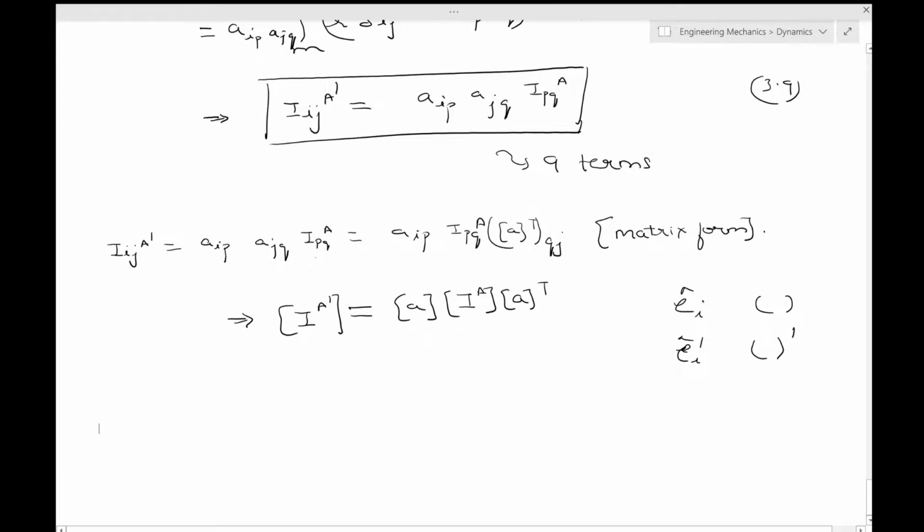So let's now define tensors. The most general is that a tensor follows a transformation law like this.